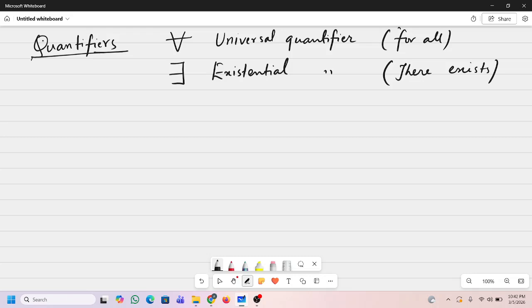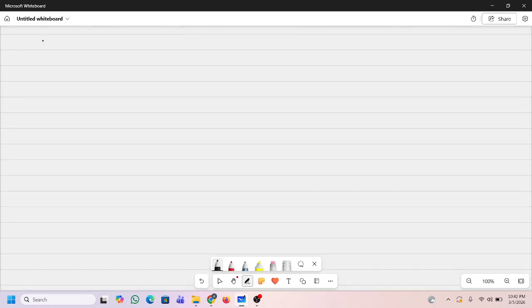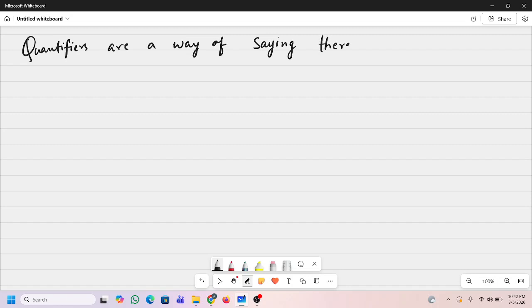So basically quantifiers are a way of saying either there exists or for all.